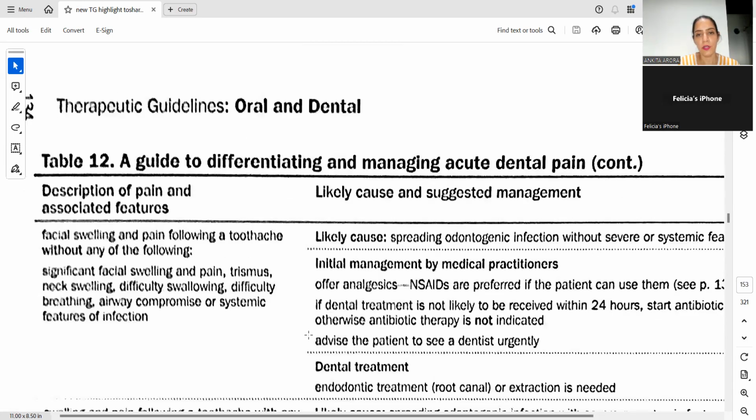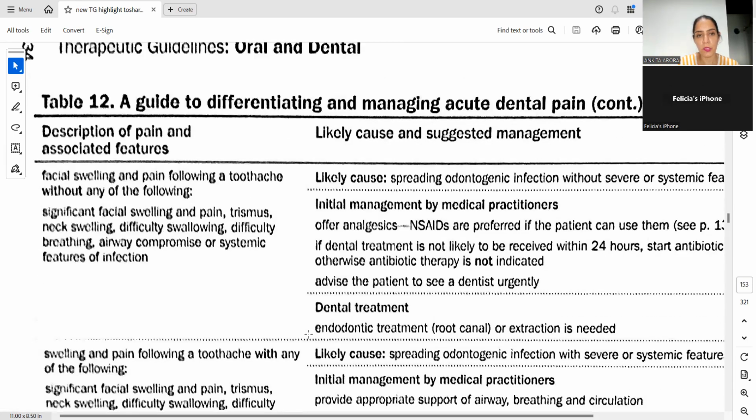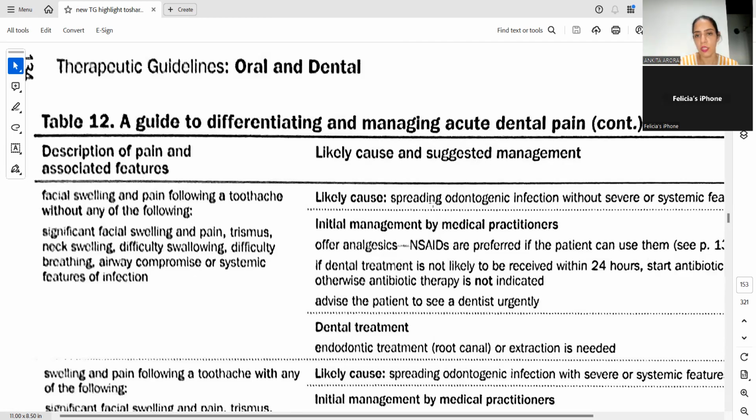Okay, we have another two types of pain, which were even discussed before. If the patient has facial swelling and pain following a toothache without any of the following, like significant facial swelling and pain, trismus, neck swelling, difficulty swallowing, difficulty breathing, airway compromise, or systemic features of infection.